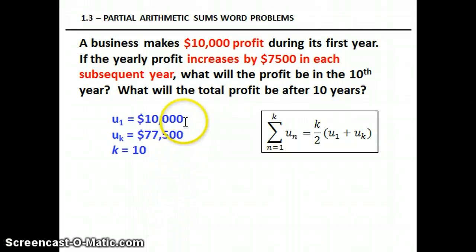So we know our first term is $10,000 profit. We know our last term, which is 77,500, and we know that k is 10 because it's going to be after 10 years. If it was 20 years, after 20 years, we would put a 20 here. So plug everything into your equation and pause the video and see what you get.